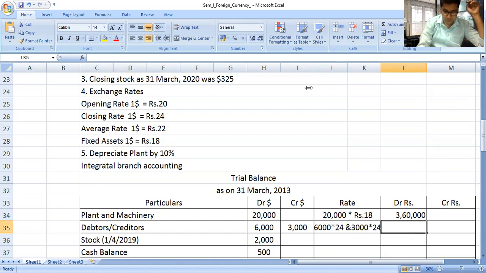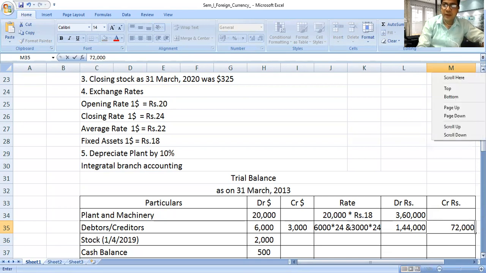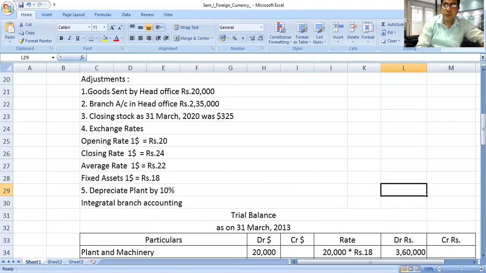Yes, Vijay got 1,44,000 for debtors. Right. And the creditors are 72,000. I hope you understood how we calculate the value of debtors and creditors.